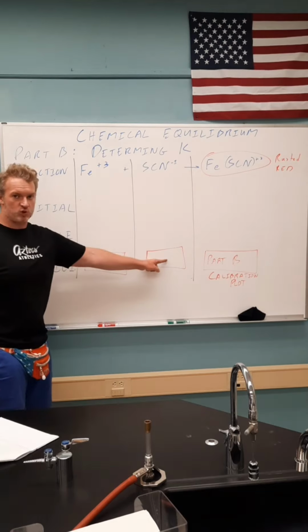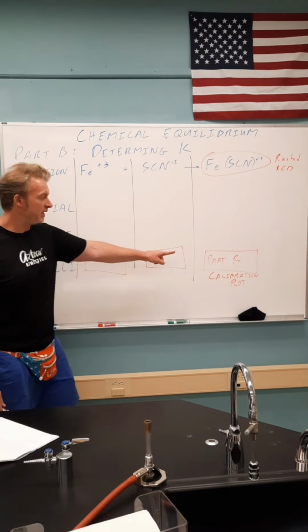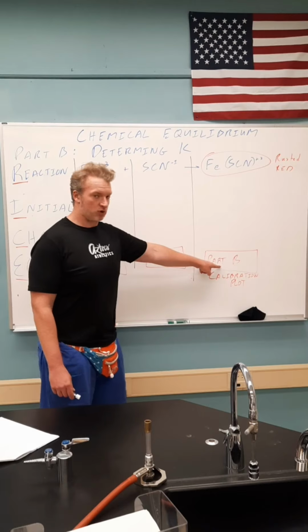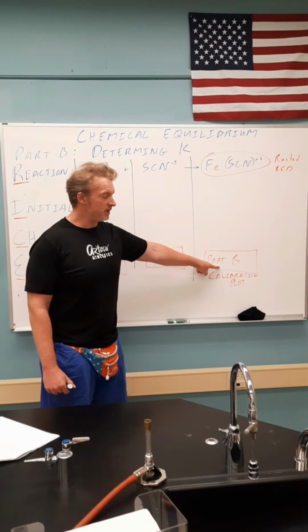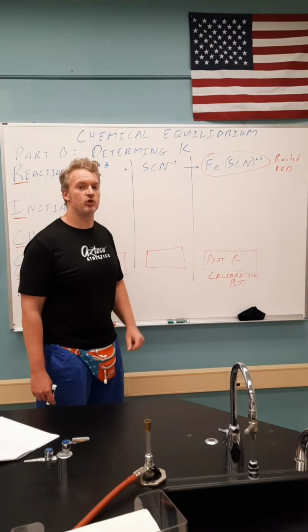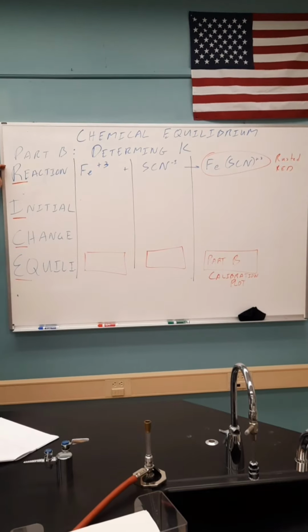These are the final numbers we want to plug into the capital K in the numerator and the denominator respectively. This number was determined from the calibration plot in Part B, and you are doing this 5 times for each of your 5 solutions. Let's start at the reaction.